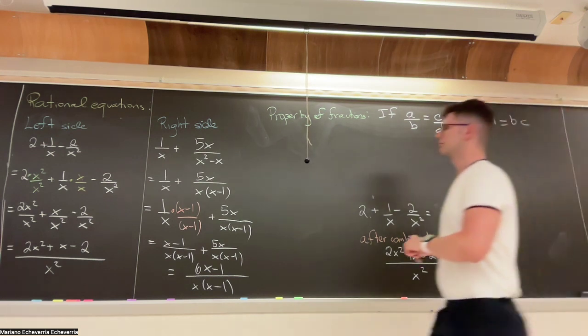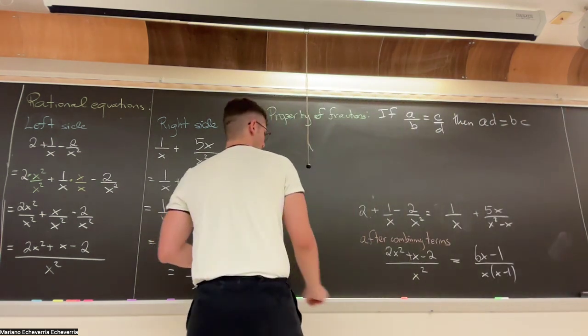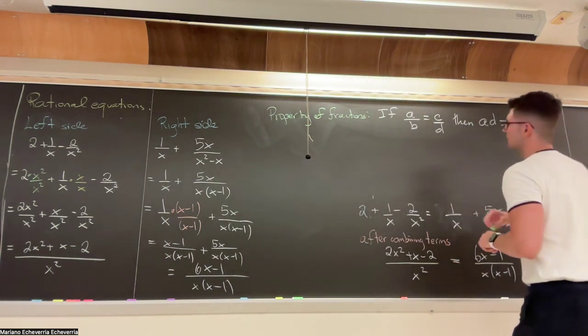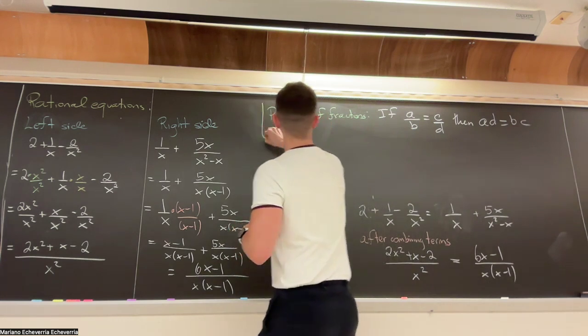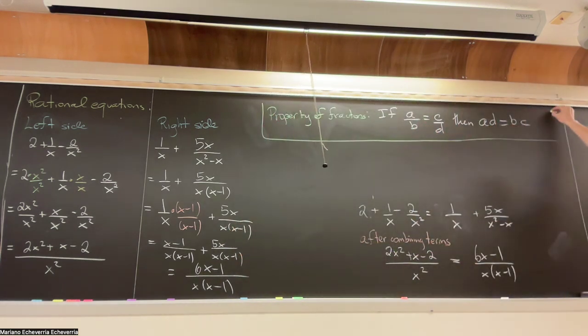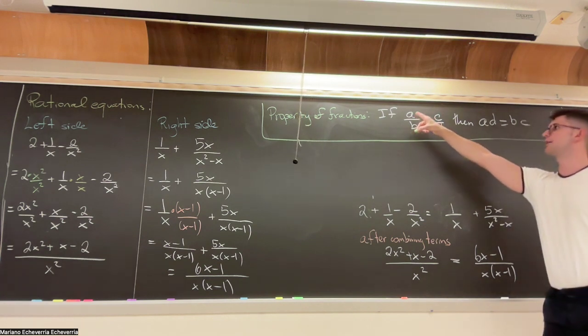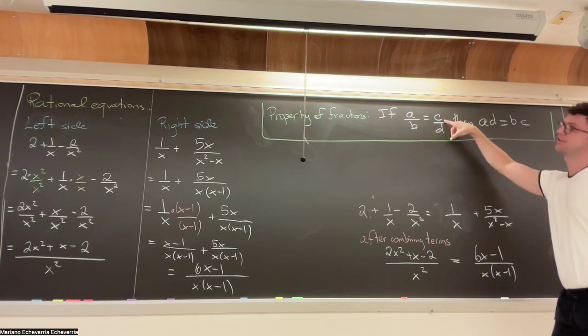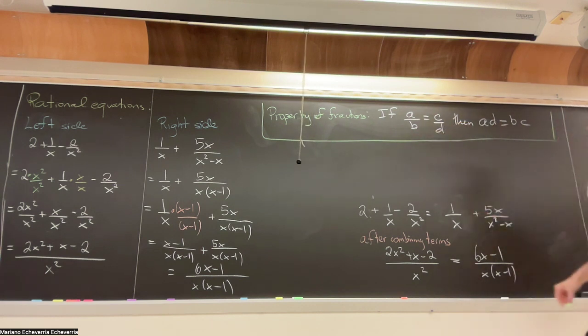Let me show you quickly why that works. When you have an equality between fractions, it means that the first numerator times the second denominator must be the same as the second numerator times the first denominator.